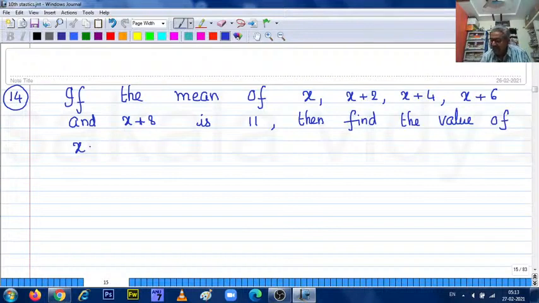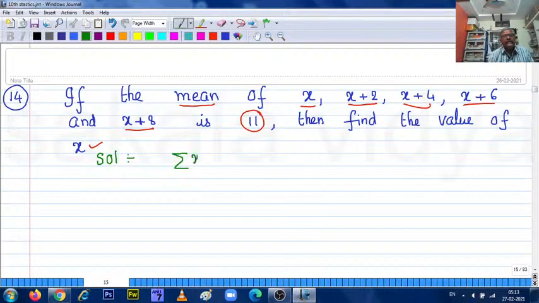Okay, welcome you all once again. See, if the mean of x, x plus 2, x plus 4, x plus 6 and x plus 8 is 11, then find the value of x. So same procedure, let us find out here the solution. First let us find out the sigma xi.